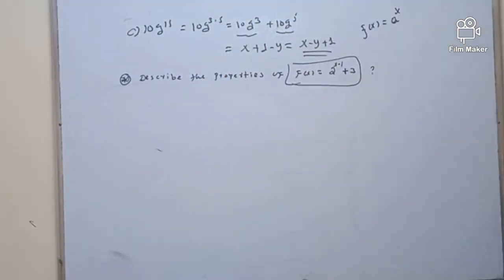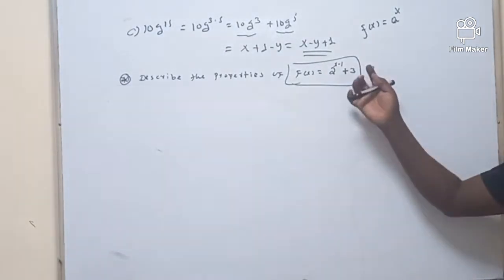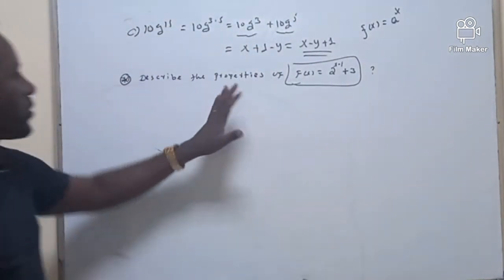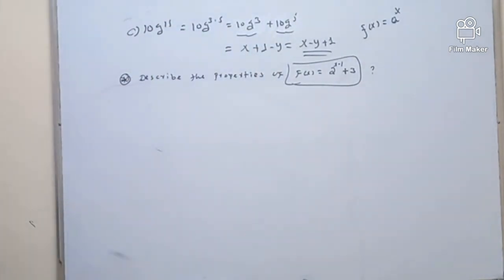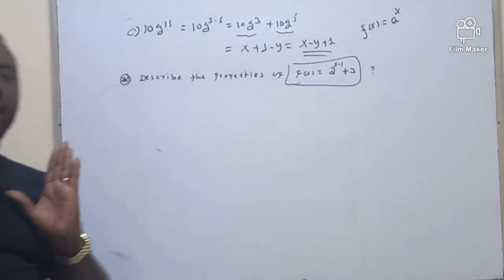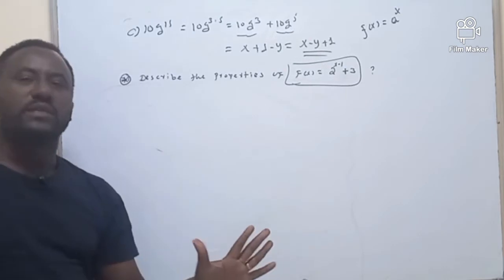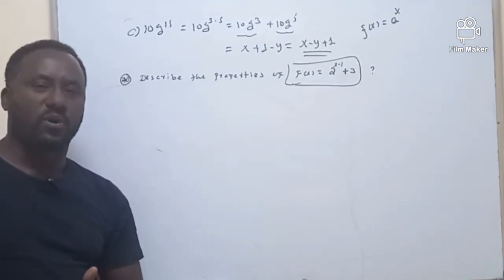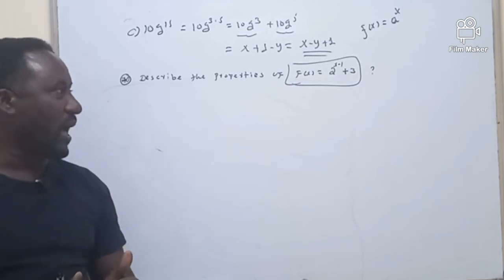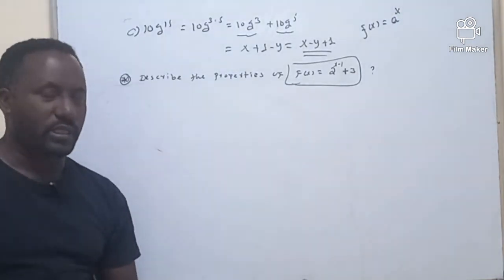Similarly, how are we going to describe the properties of an exponential function? In order to describe the properties of this exponential problem, the first point is to sketch the graph of this one. In order to sketch the graph, you have to find the x-intercept and y-intercept.